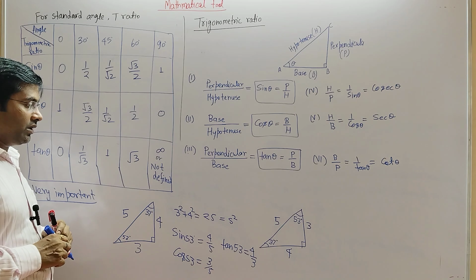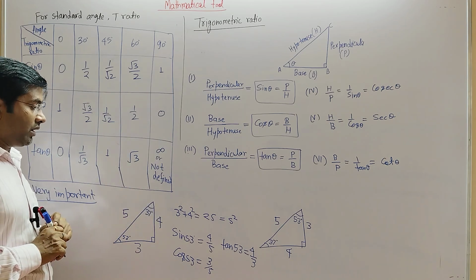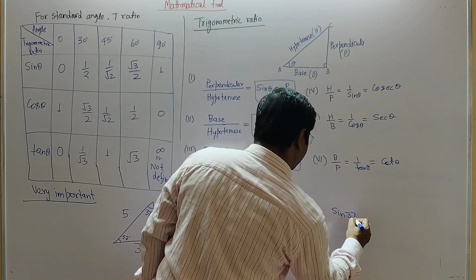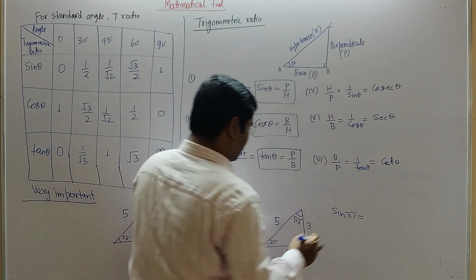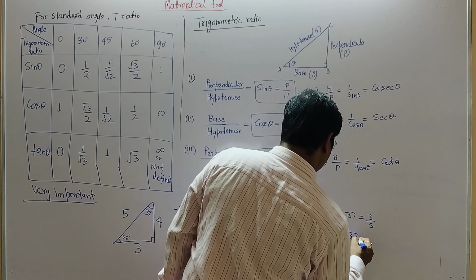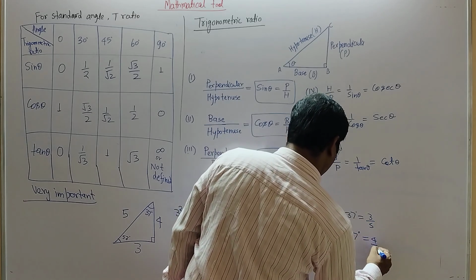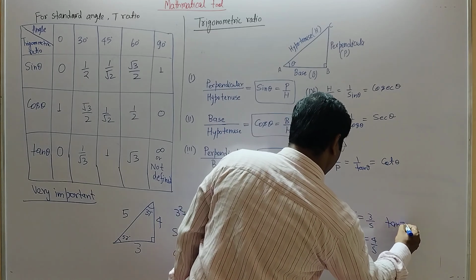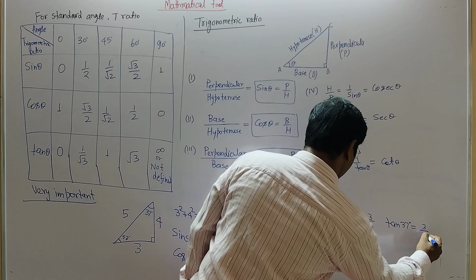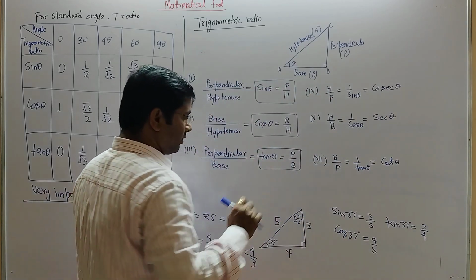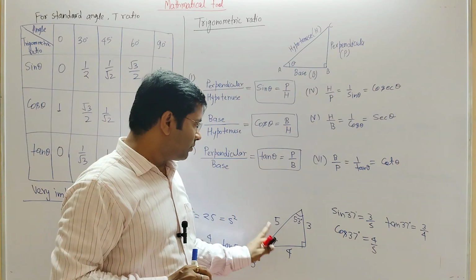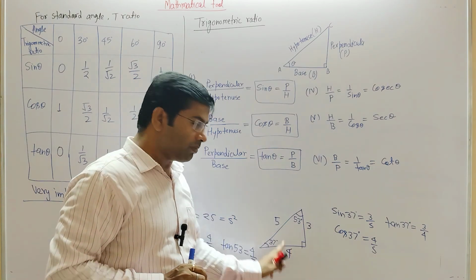Similarly, we can write for the 37 angle also. So for sin 37, this value will be 3 upon 5, cos 37 this value will be 4 upon 5, and tan 37 is 3 upon 4. So sin 37 is 3 upon 5, cos 37 is 4 upon 5, tan 37 is 3 upon 4.